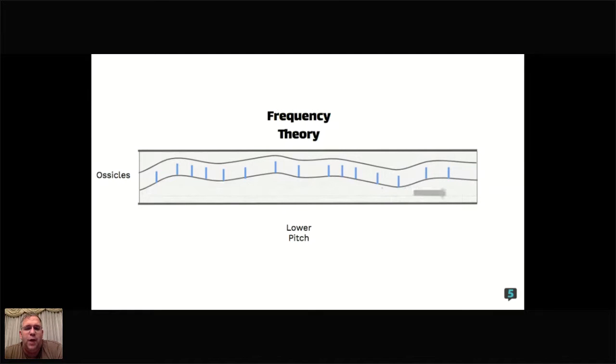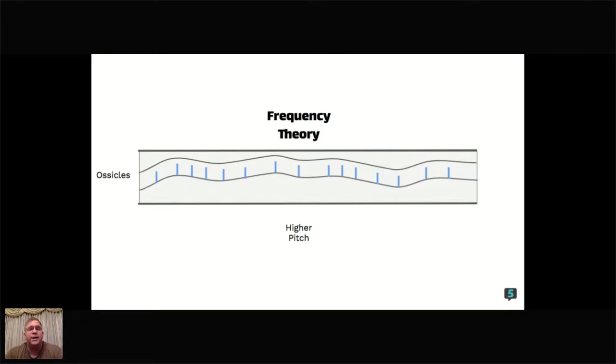A lower pitch would move more slowly down the cochlea, stimulating the hairs in the basilar membrane, moving the hairs at a certain frequency. When you get to higher pitches, it would move more quickly, because higher pitches correspond to more waves, more of these traveling things that go by much more quickly. That was the idea behind frequency theory.